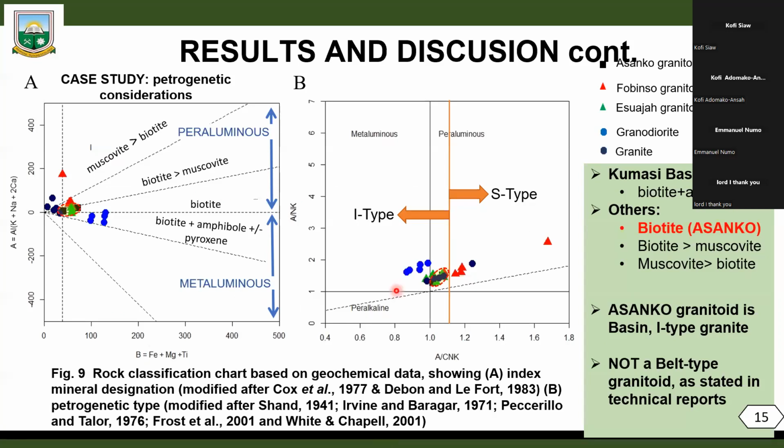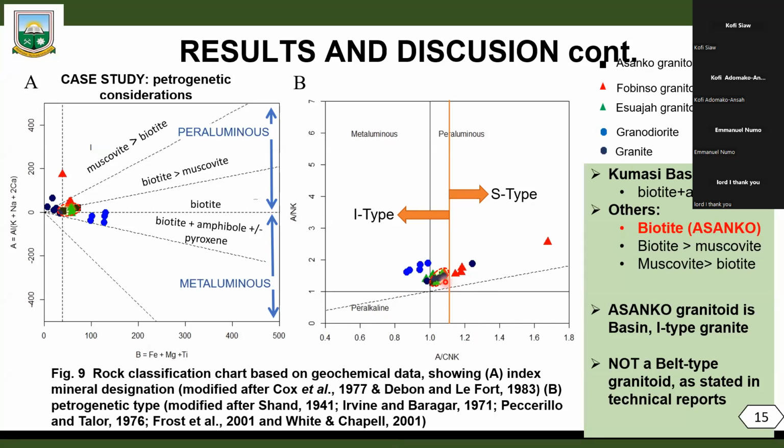You and I will understand that when you are doing plots of any data set, you put it on the diagram and you have some plots. And sometimes people make mistakes in just taking any of these plots and then making a definitive answer about the character of these granitoids.